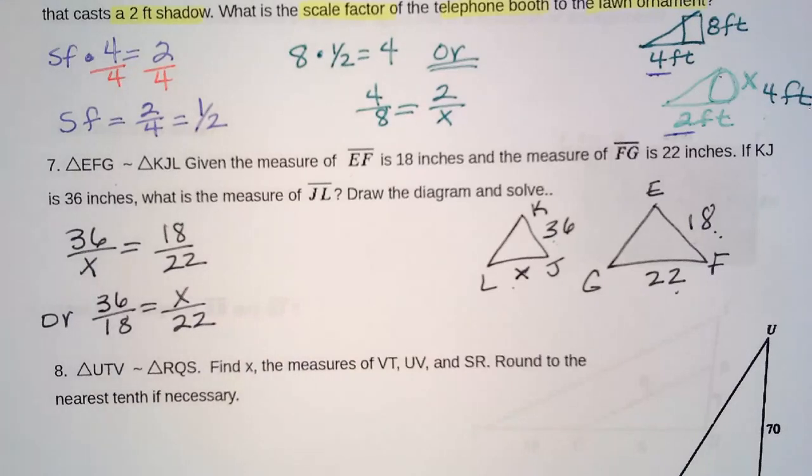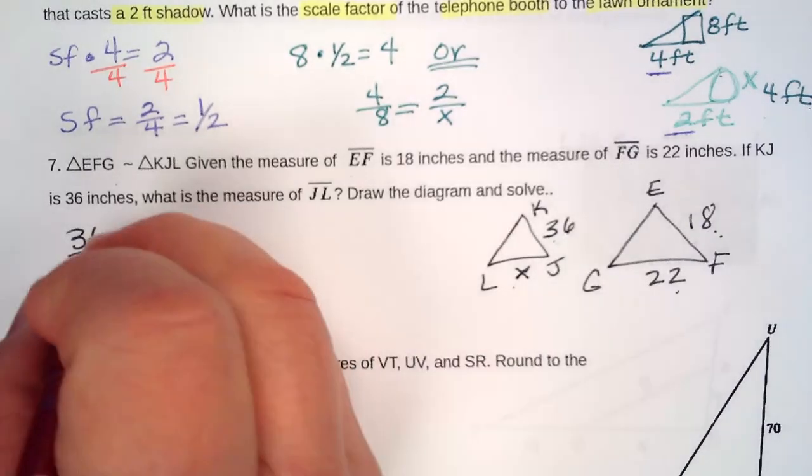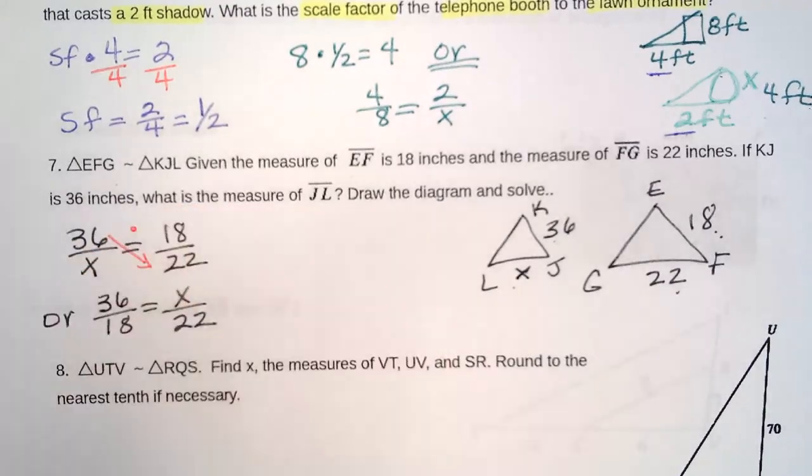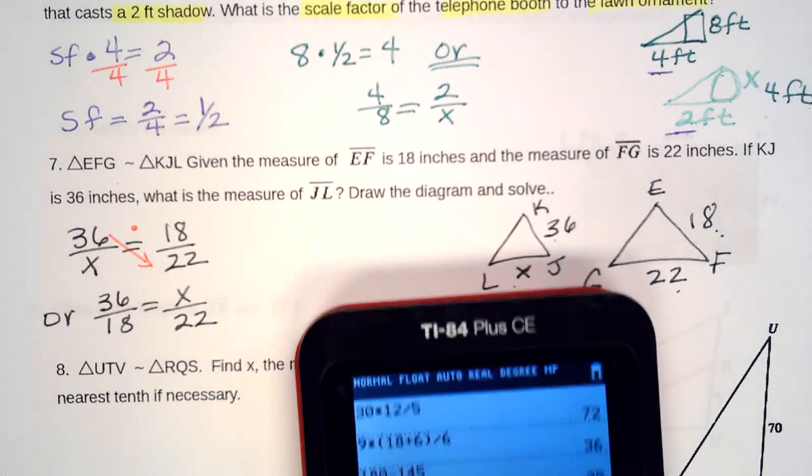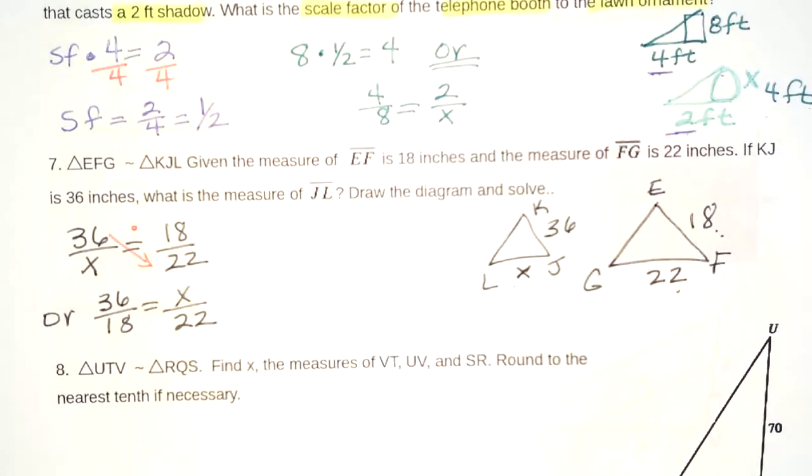Either way, you're doing the same thing. You're multiplying 36 times 22 divided by 18. And you end up with 44.